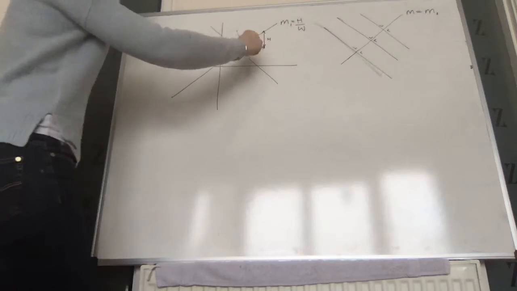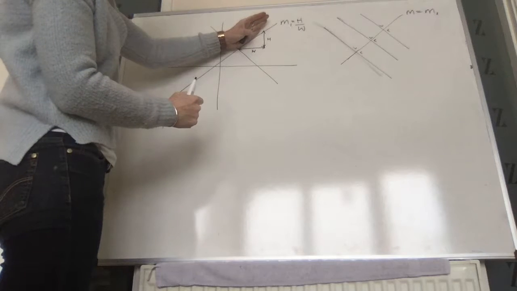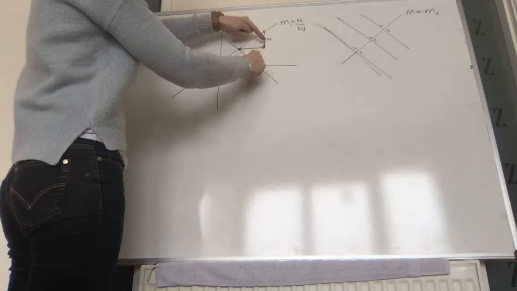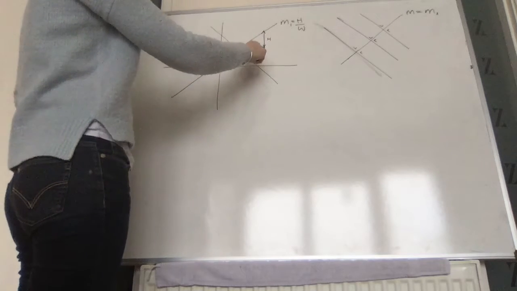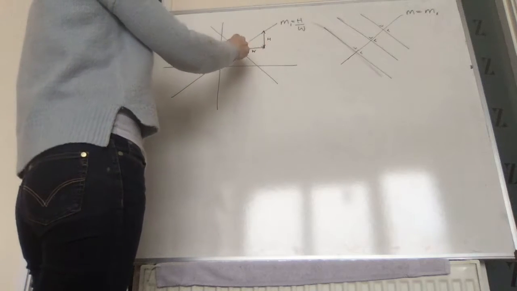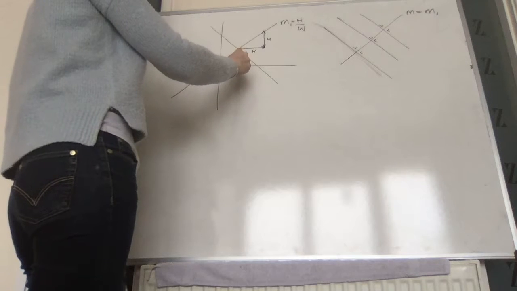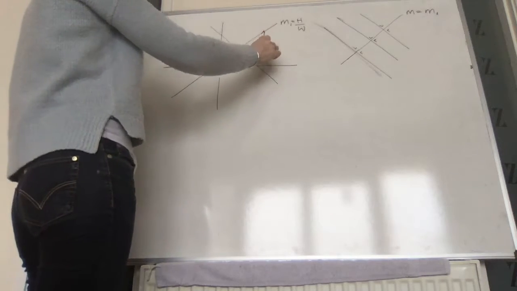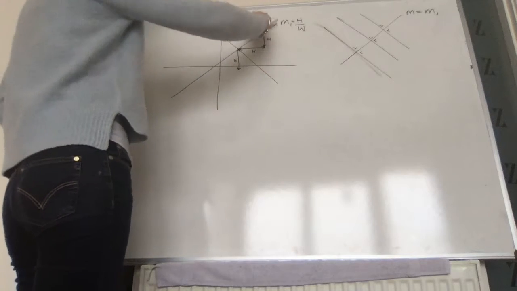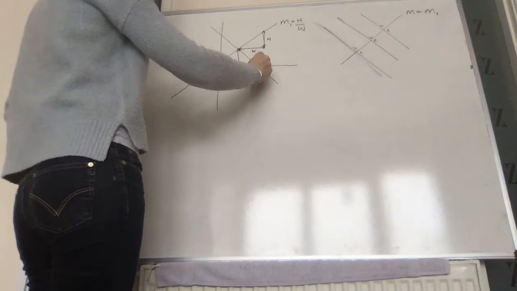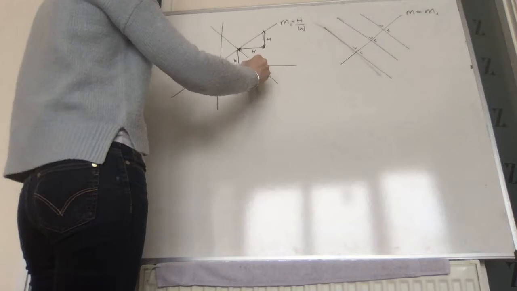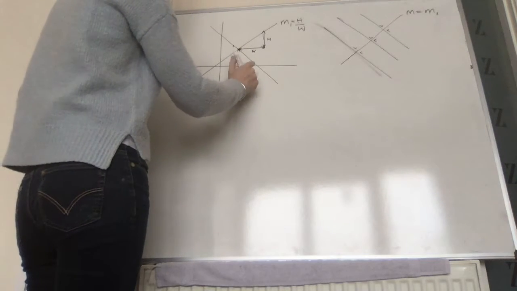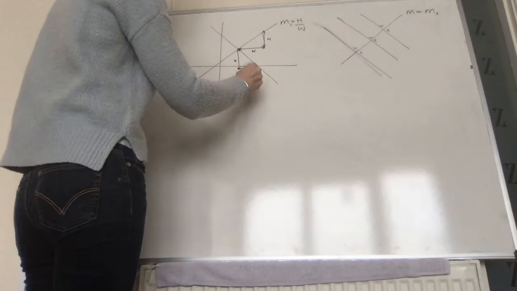Now, hopefully, if you swung this line through 90 degrees, we would find that this w would move to here, and this h, if everything got moved by 90 degrees, your h would now move to here.